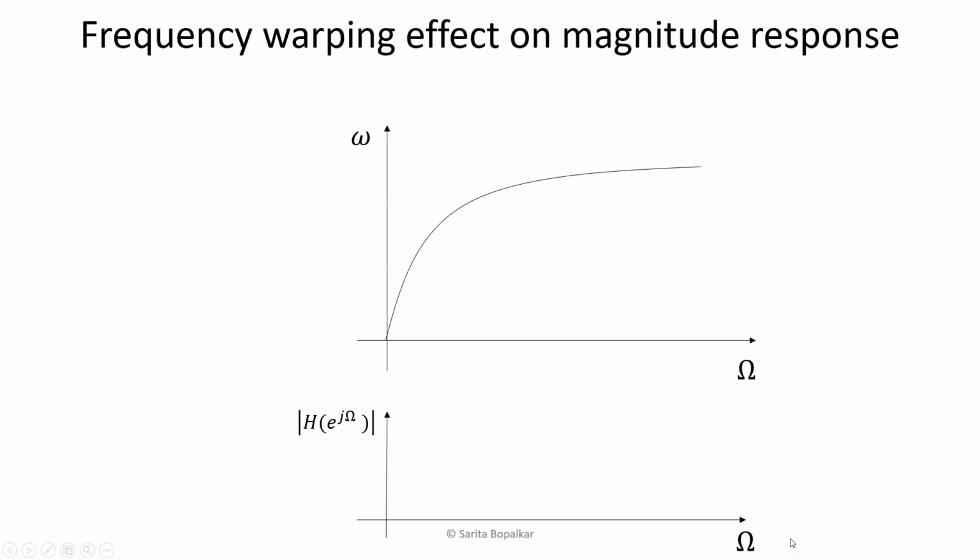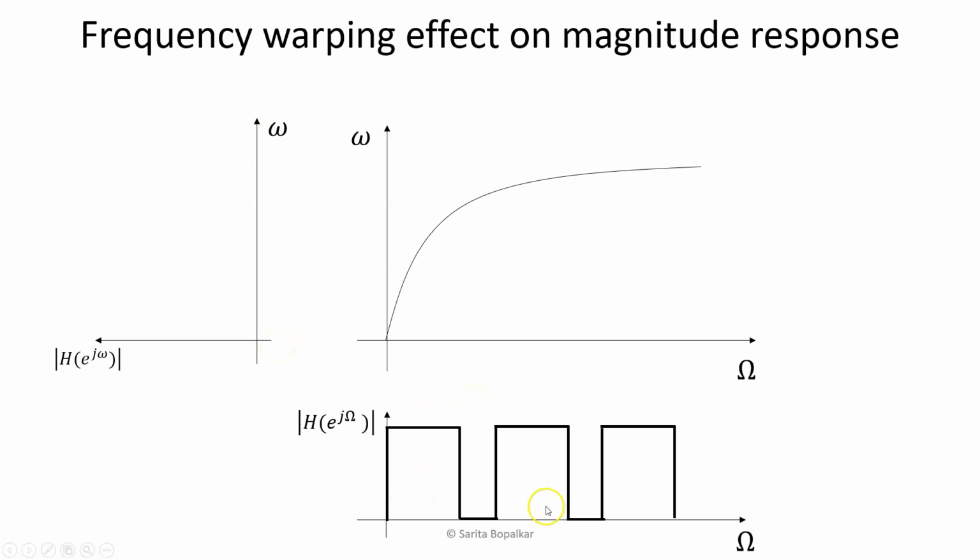And here we will take H of z, or we can say H of e raised to j omega, and here the digital frequencies omega. These are our analog frequencies. We'll take all the range, lower range, middle range and higher range. Let's see what the effect is, how it is transferred to the digital frequencies using this non-linear relation.